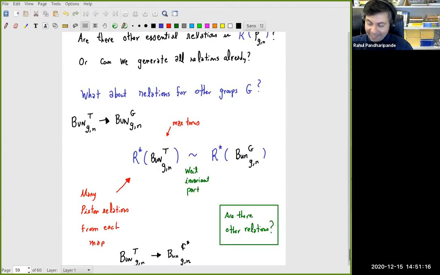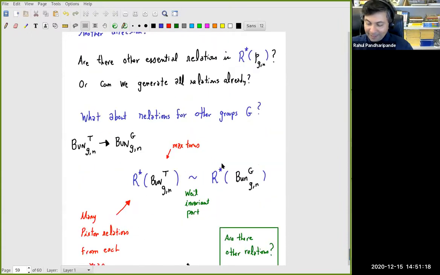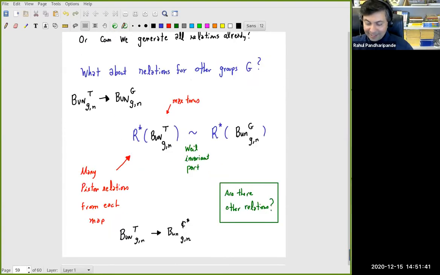You might think that the tautological relations for G-bundles on curves are obtained by taking the Pixton relations for the maximal torus and taking some kind of Weyl invariant summation of that. So this is almost a conjecture. That's the question: are there any other relations?